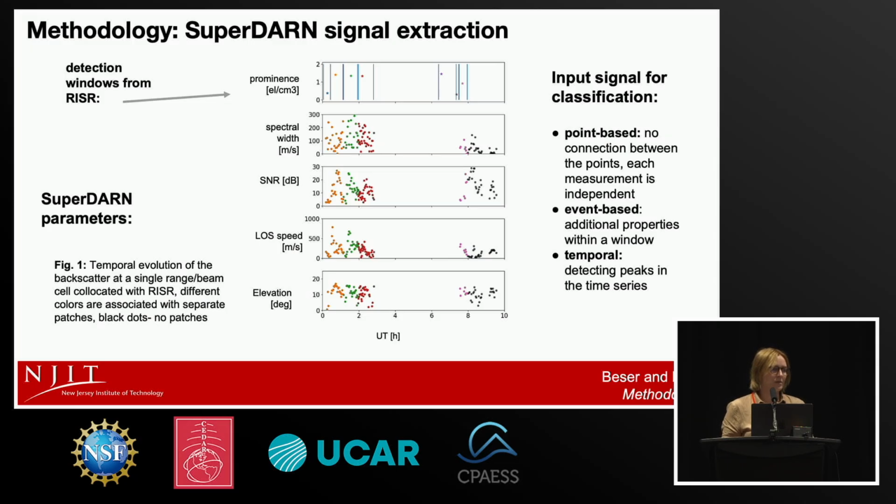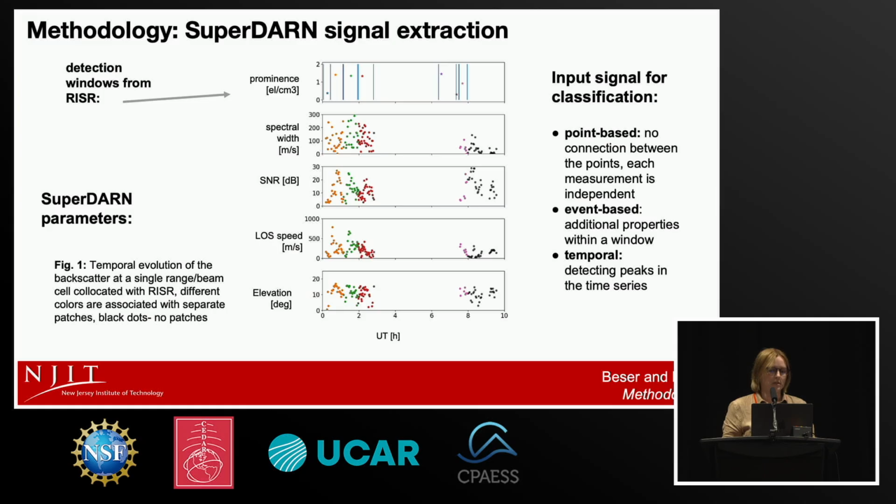The second one was event-based, and this is probably a more physically sound approach, because we are now extracting the full windows of a patch event in SuperDARN, calculating properties of the signal within this window, and checking how the statistical properties of the signal over the patch window are consistent with the label from RISR.